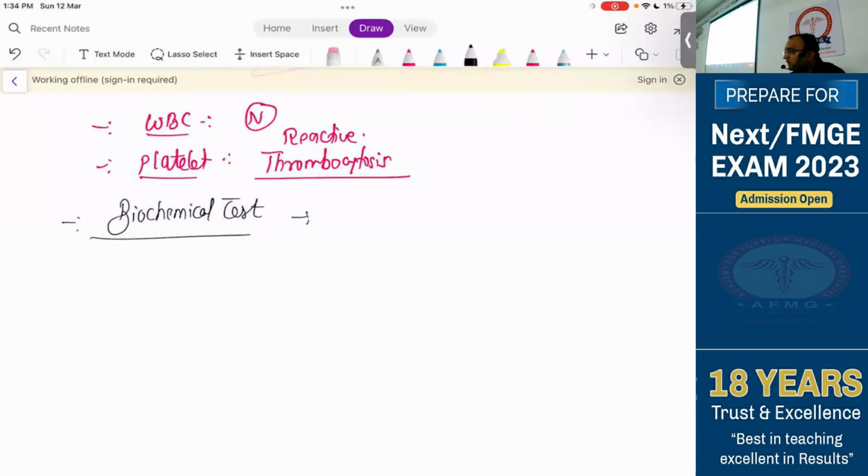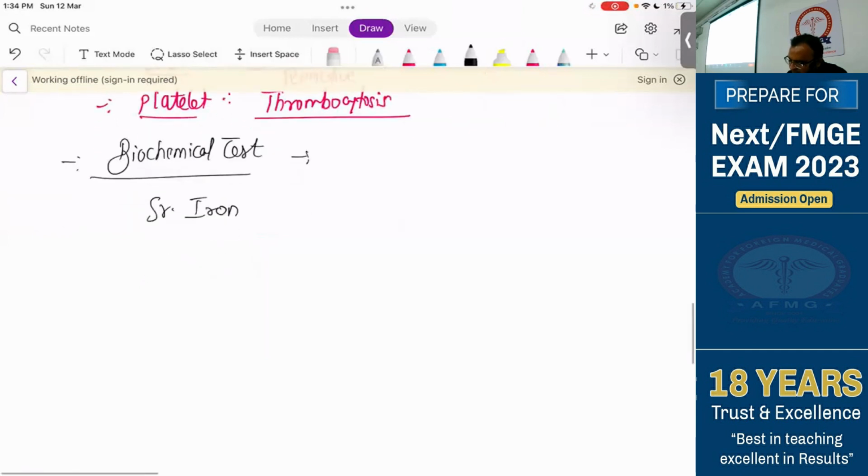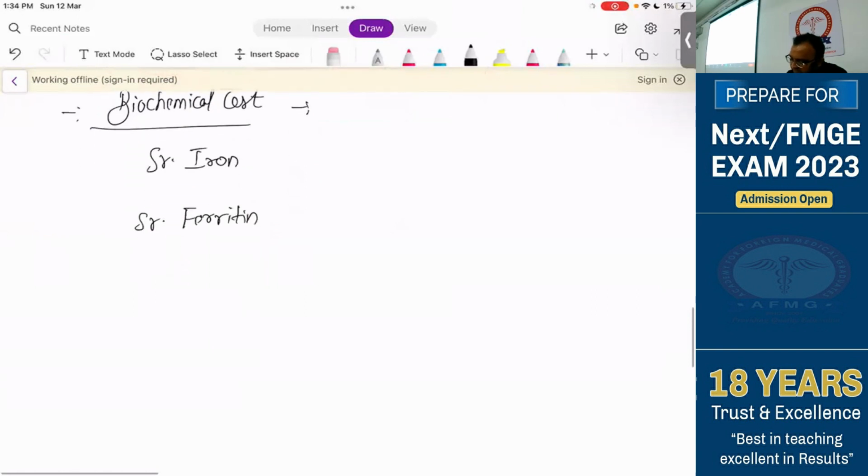of that patient. So how will we measure the iron status of that patient? By a biochemical serological test. Okay, so we'll go for serum iron, serum ferritin, serum TIBC, that is total iron binding capacity.